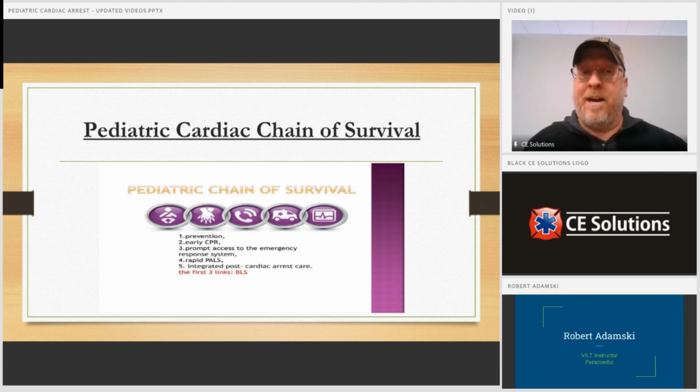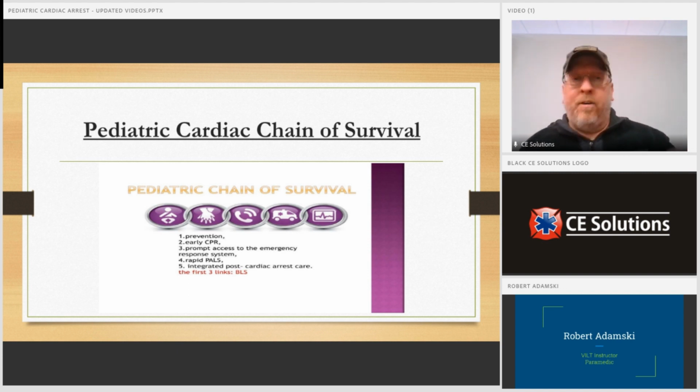The quicker we get them there, the better. And that's why it's so important for members of the public, the Good Samaritans, the bystanders, to be trained in first aid and CPR. That way they can recognize life-threatening emergencies, initiate first aid measures to stabilize these patients, and call 911 in a prompt and timely manner so first responders can show up and actually save the patient.